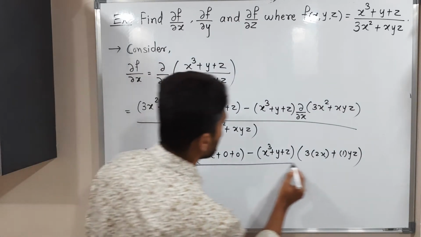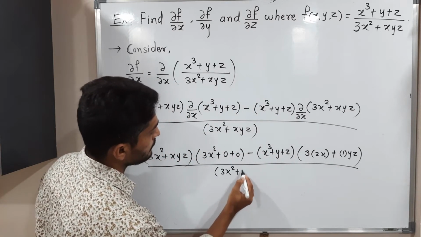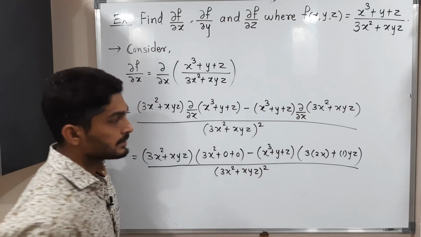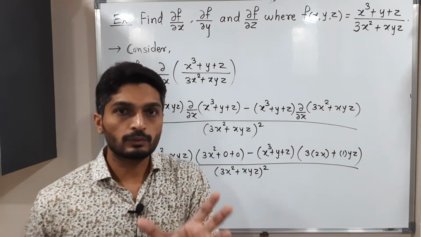Divided by, no need to find its derivative, (3x² + xyz) whole square, since in the u upon v formula, at the bottom we have square of denominator.